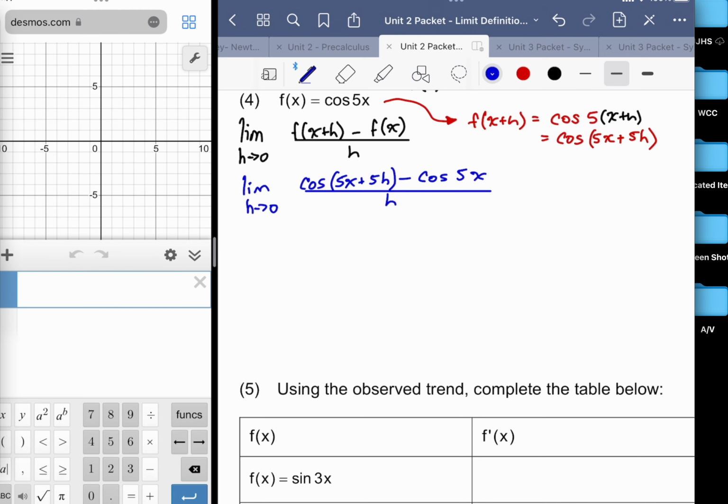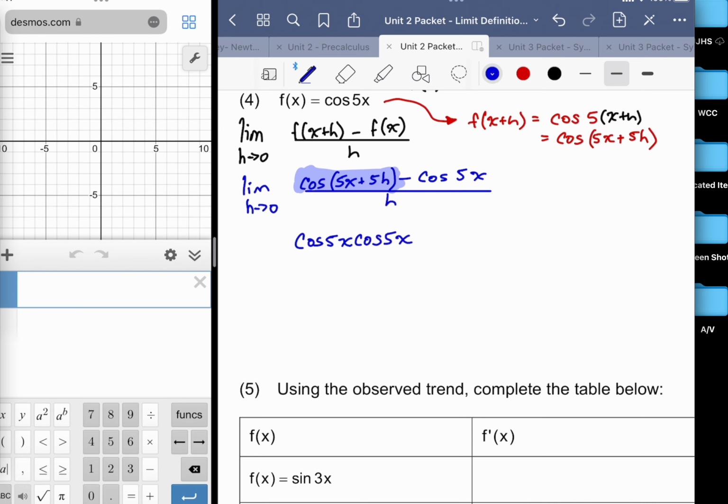All right, so we have to apply our cosine rule, or double angle, some identity for cosine. So that's going to become cosine 5x, cosine 5h.